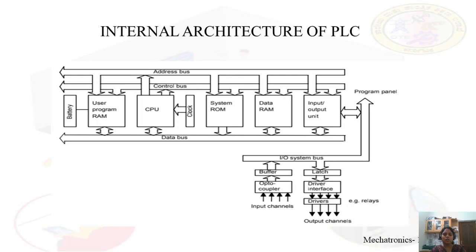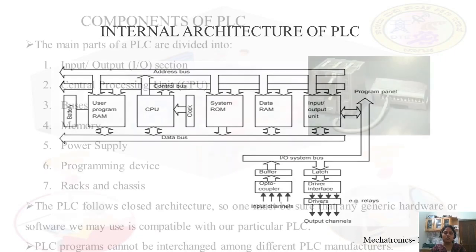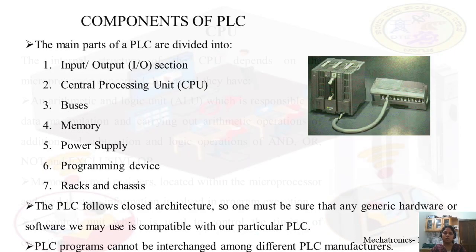Why is a clock needed? Because if you want to synchronize your operations, the clock plays a very important role. Understood? The clock will be giving a frequency of around 1 to 8 megahertz to synchronize the operations.